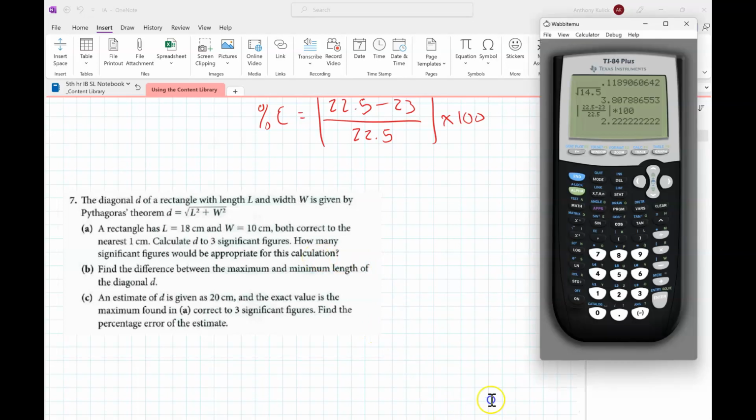Okay, well, let's do the first part of that. So square root of 18 squared plus 10 squared. And that comes out to be 20.6, rounded to 3 significant figures.